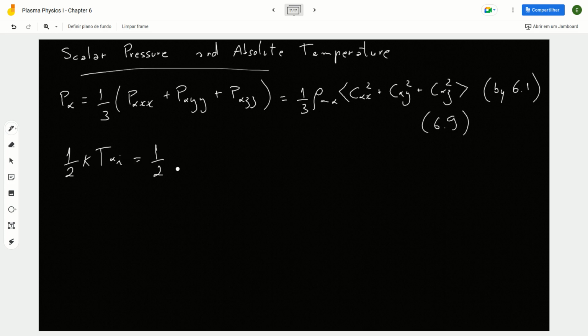It's going to be half this quantity here. Okay, just a random direction in the component I, 6.10. I could be either X, Y, or Z, and K is Boltzmann constant.